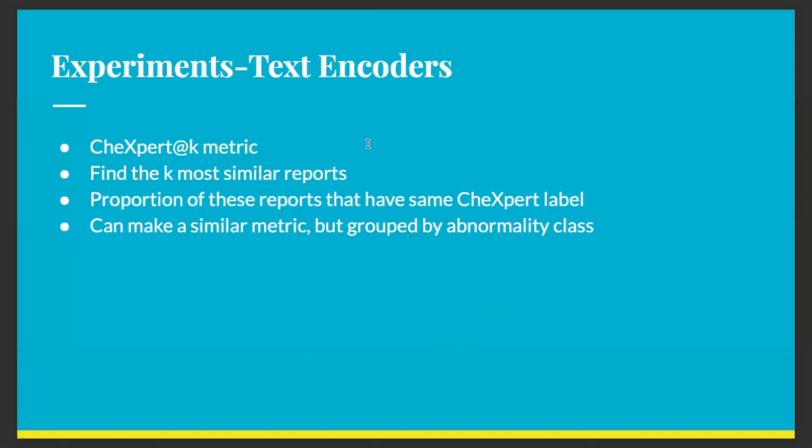And to compare the quality of these 6 different text encoders, the paper came up with their own metric called the CheXpert at K metric. And for these radiological reports, the metric looks at the K. K could be, say, 10 most similar reports, and it looks at the proportion of these reports that have the same CheXpert abnormality class label.